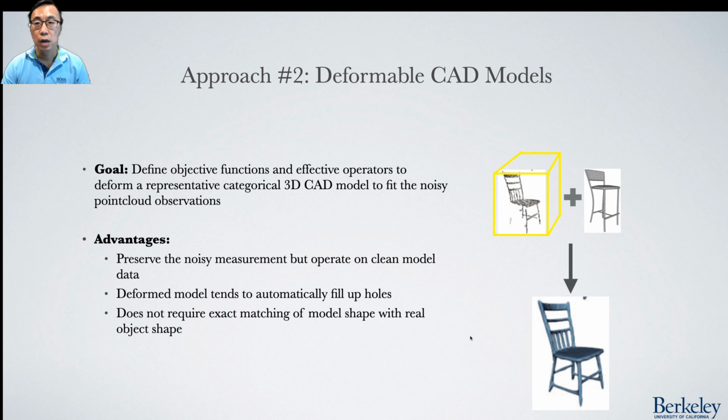And number 3, most importantly, using deformed CAD models does not require exact matching of the model shape with the real object shape. Next, let me present a short journey about our experience in finding a good solution to match 3D object shape and simultaneously complete missing shape point cloud data.